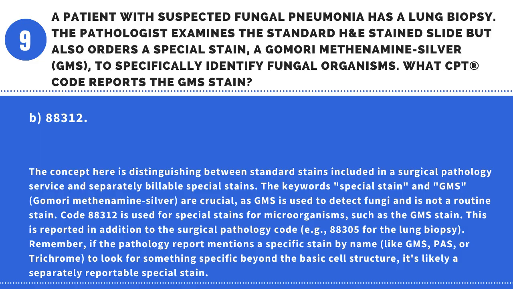This is reported in addition to the surgical pathology code, e.g., 88305 for the lung biopsy. Remember, if the pathology report mentions a specific stain by name, like GMS, PAS, or trichrome, to look for something specific beyond the basic cell structure, it's likely a separately reportable special stain.